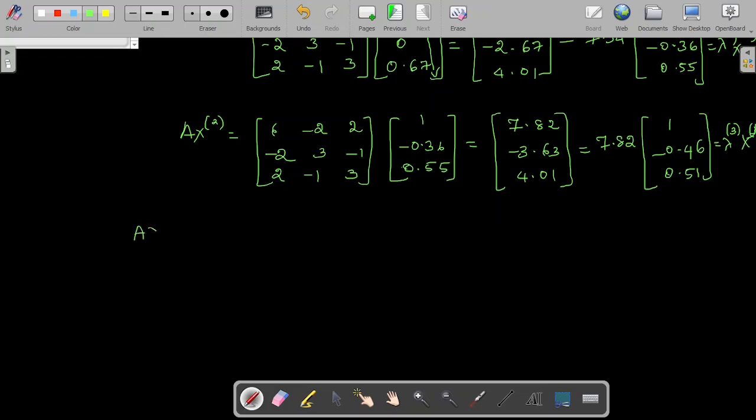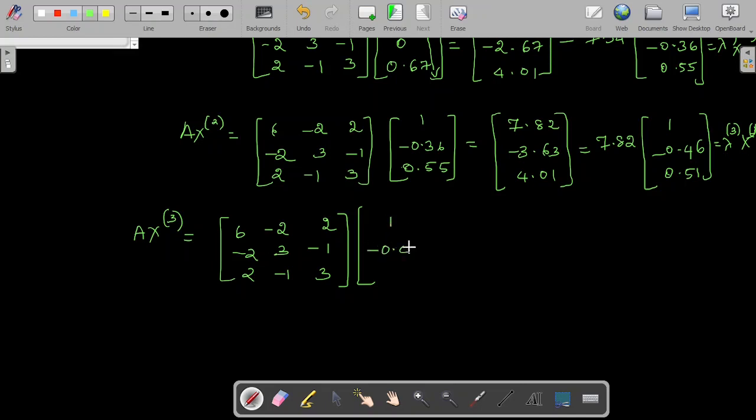Similarly, you continue like this. A into x3: 6, minus 2, 2; minus 2, 3, minus 1; 2, minus 1, 3 into the third approximation you got, 1, minus 0.46, 0.51, which gives you 7.94, minus 3.89, 3.99.